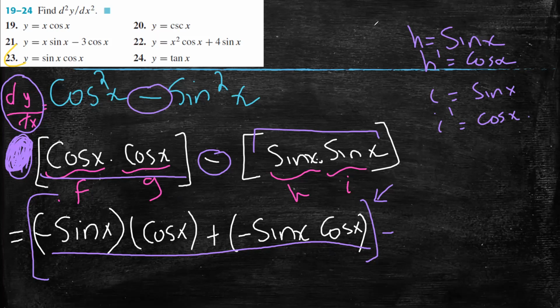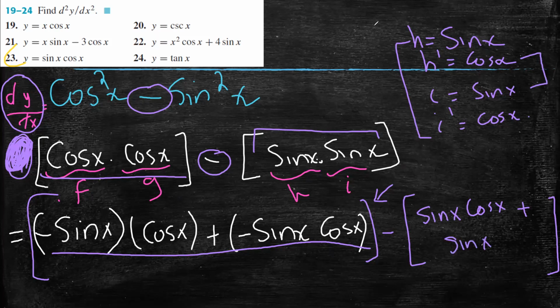Okay, so now it is h prime i plus i prime h, which is sine x cosine x plus sine x cosine x. Is it clear? Yes, teacher. Now we simplify it. Let's clear this one.